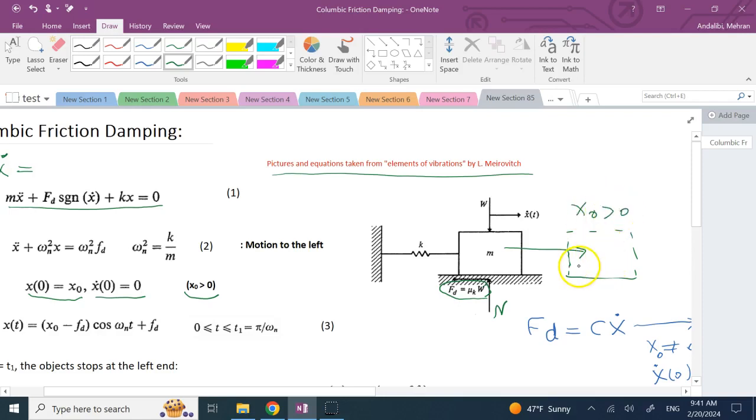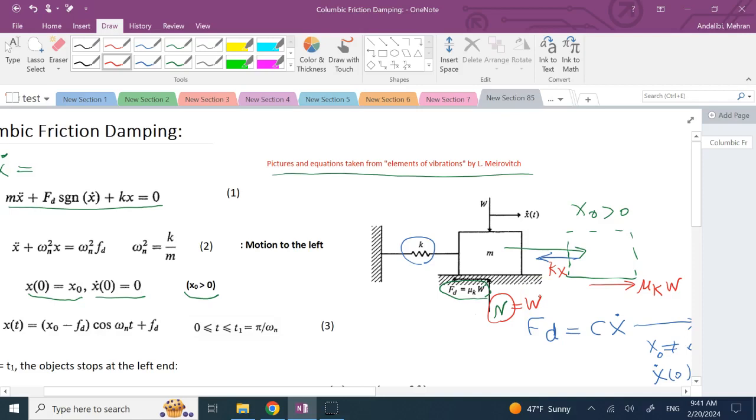When you release it, because of the spring force, this guy is going to be moved this way. And the forces on it are this force here, which is k times x for arbitrary x, and of course the friction backward, which is Fd, and that Fd is simply mu k times W, where W and N are the same thing here. This normal force N is equal to W.